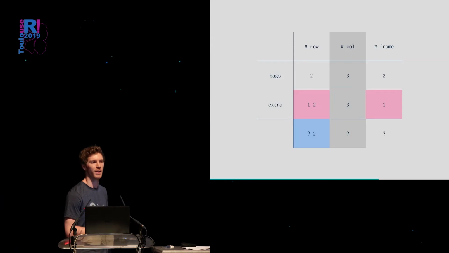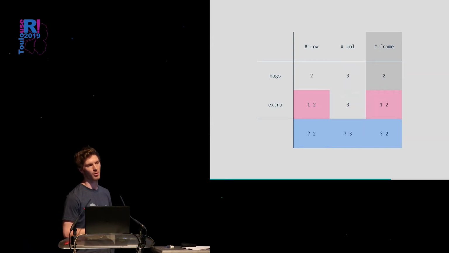We'll move on to the second column in our table, which matches the number of columns in our arrays. Not much to do here. Both of them have 3 columns, so our output probably also has 3 columns. Finally, we move on to the number of frames. It's the same thing as the number of rows in this case. Extra had 1, bags has 2, so we'll recycle the number of frames from 1 up to 2.